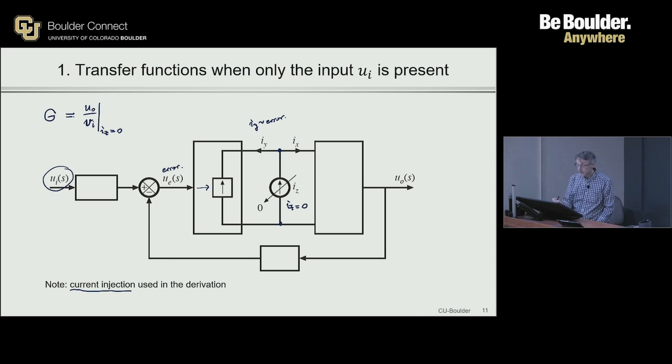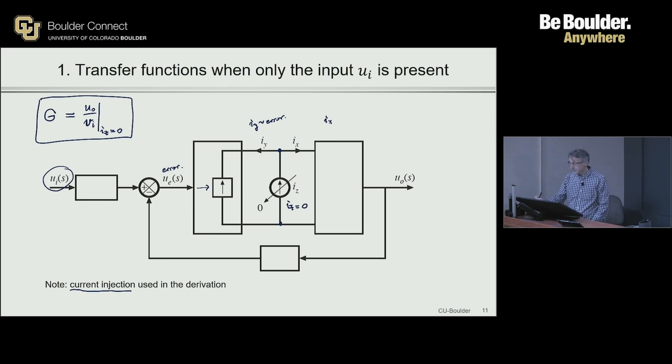That's G itself. So this here is the transfer function we are looking for. This is the definition of the transfer function we are looking for. What can we say about the other two outputs? You know, we have IX and IY here. What do you see for IX and IY?